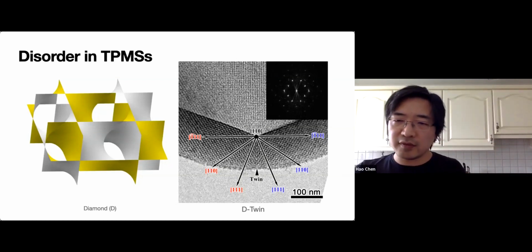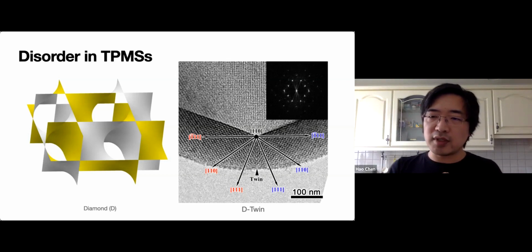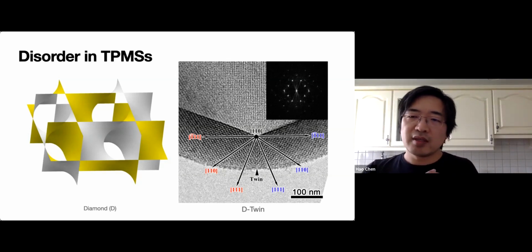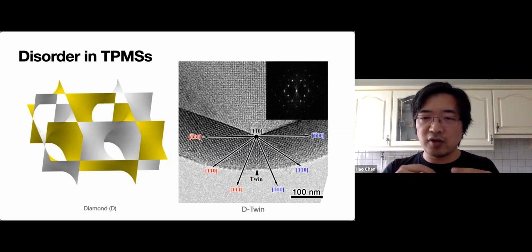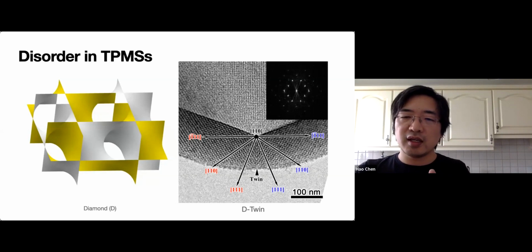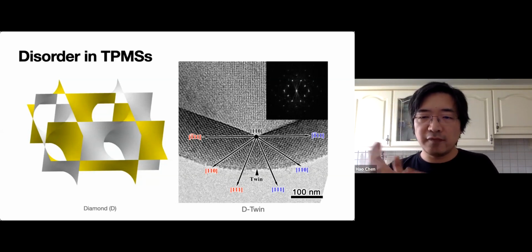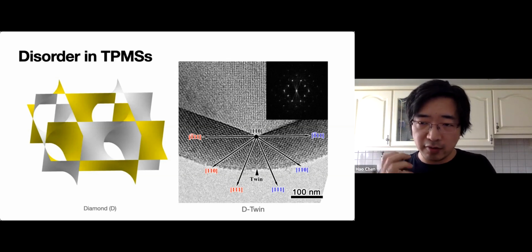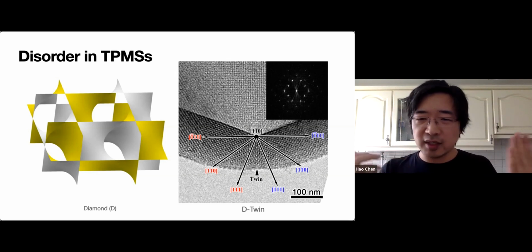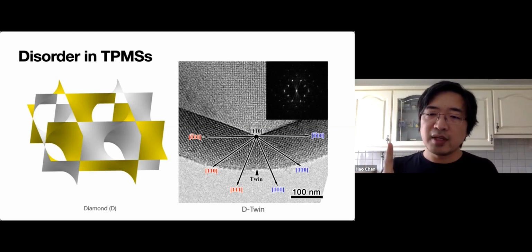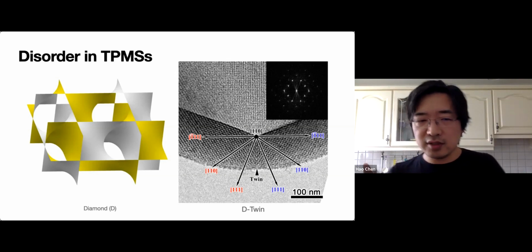So how did I get involved? Back in 2017, my wife and some other material scientists were observing structures of periodic minimal surfaces in experiment. On the right-hand side is a photo from such an experiment. And after some analysis that I don't understand at all, they claim that this photo shows a structure of Schwarz D surface.